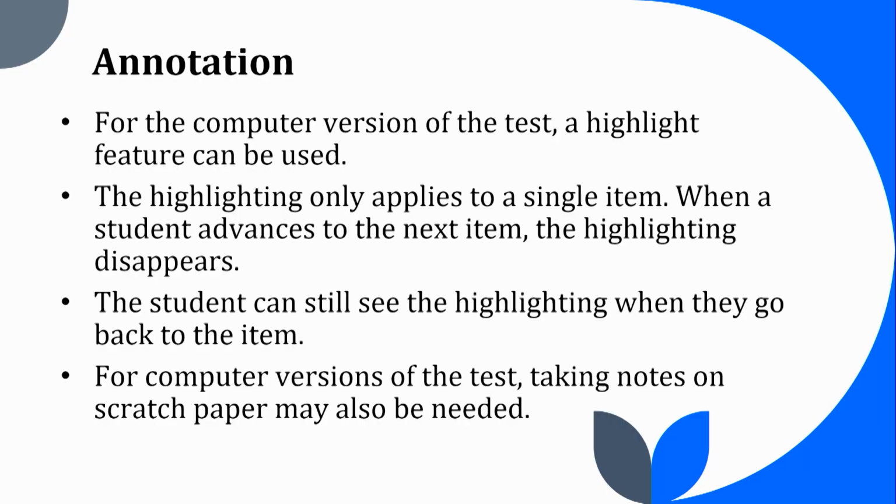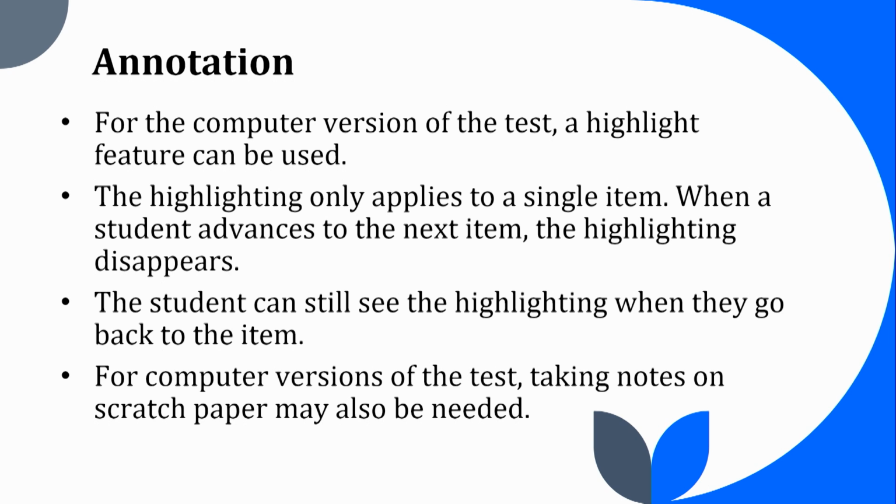More information about annotation. For the computer version of the test, a highlight feature can be used. So there's something you can do to highlight on the computer version of the test. The highlighting, though, only applies to a single item. When a student advances to the next item, the highlighting disappears. The student can still see the highlighting when they go back to the item. So this is something that you're going to need to practice.